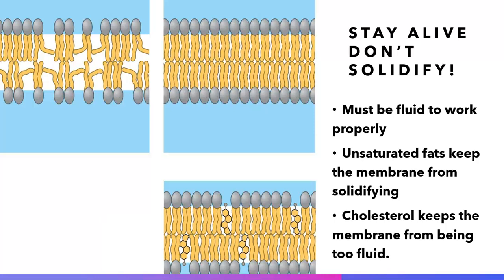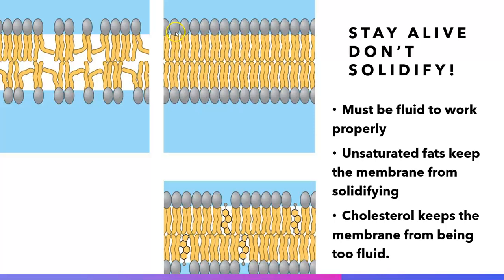Now, a membrane has to be fluid in order to function properly. That probably sounds kind of weird. We probably like to think of membranes as more of a solid, but they're actually a fluid. These little phospholipid molecules can flow past each other within their layers. Now, we don't want it to be too fluid though.